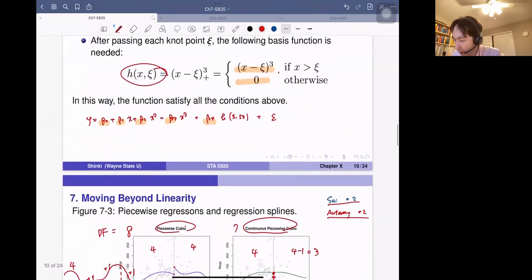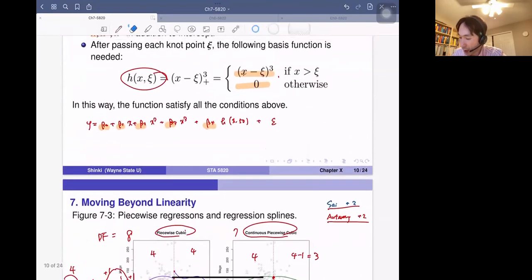Yeah, in the previous page, at first we have 4 parameters, then after the first knot point, we have beta 4 times this one, x minus C1 cubed plus.